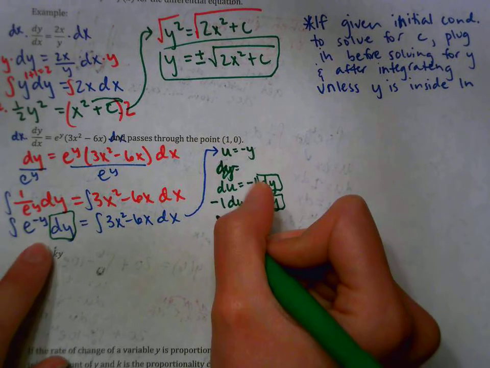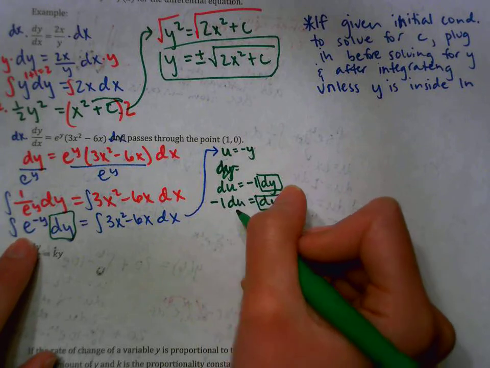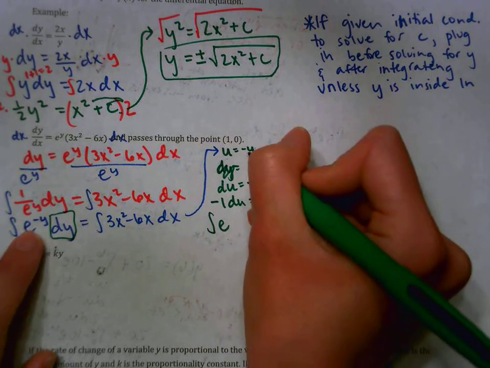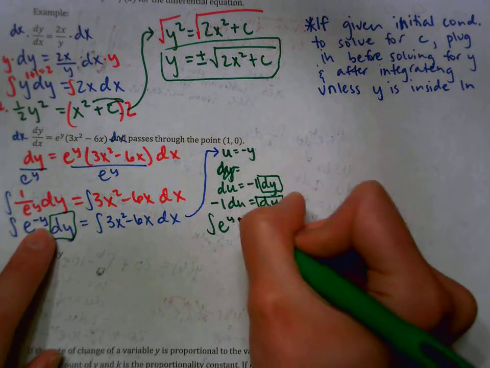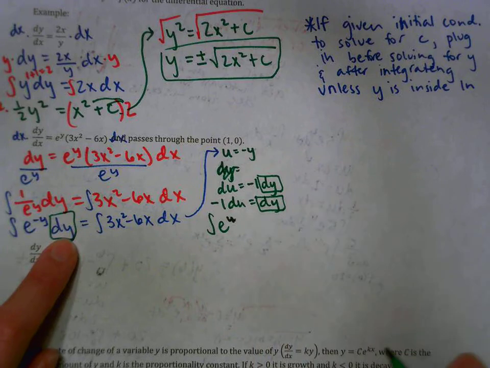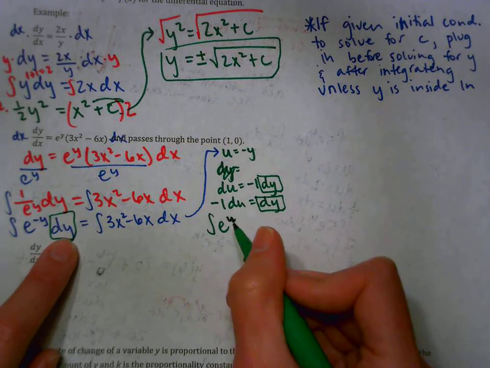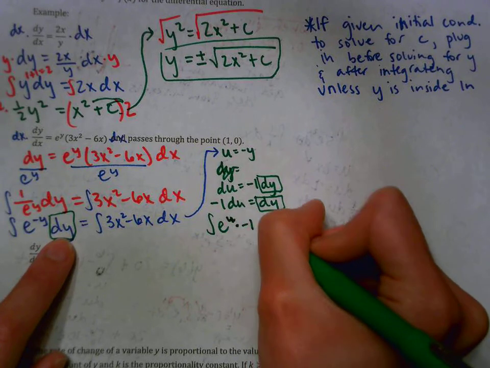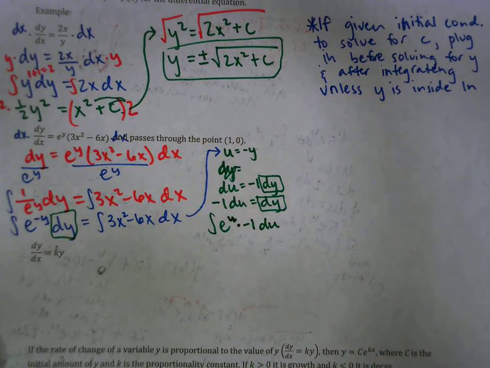So now I can rewrite my integral in terms of u, correct? Because it's going to be the integral of e to the negative y, which was my u, and then my u's and y, they're looking too similar. That's a u right there. And then my dy equals negative 1 du.